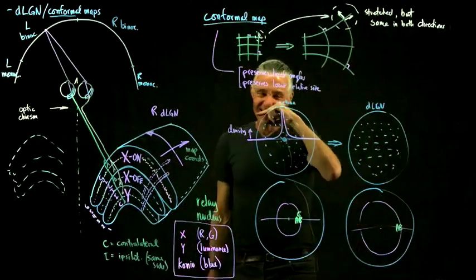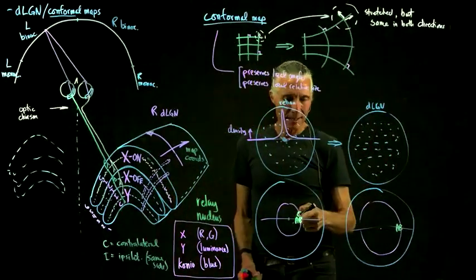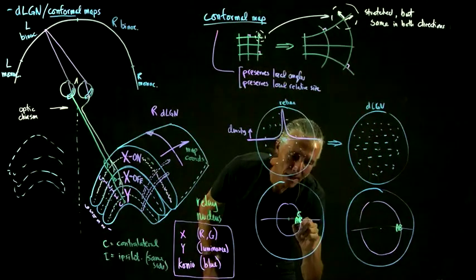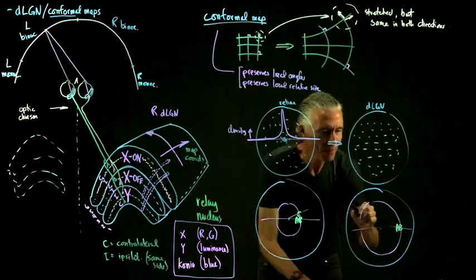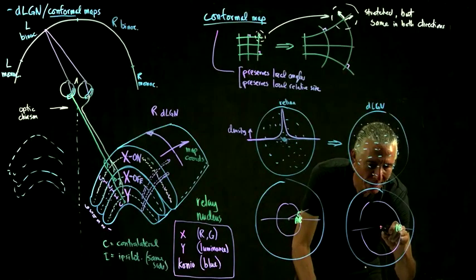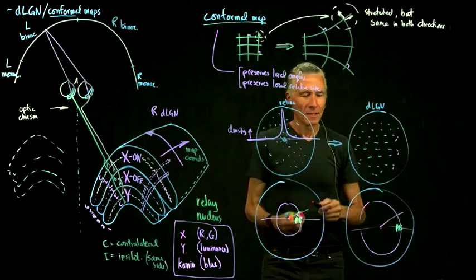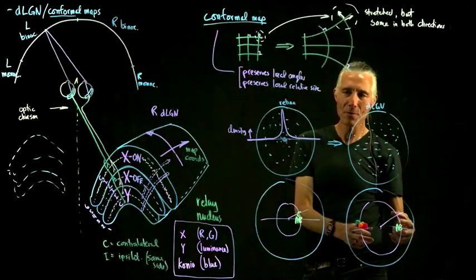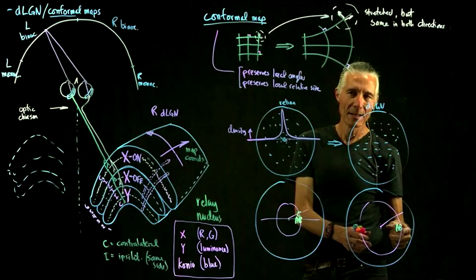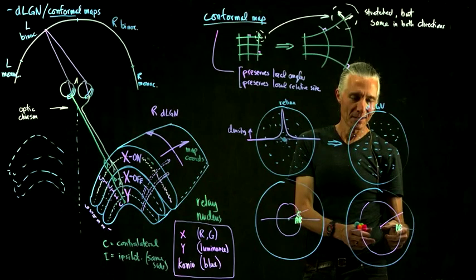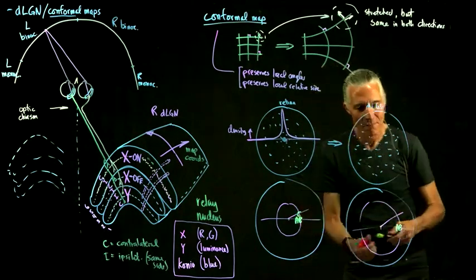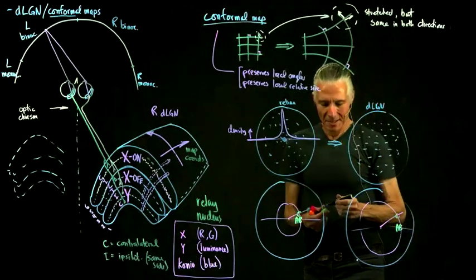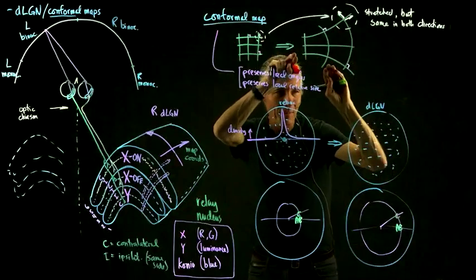But now consider the other axis. Unfortunately, when we look at point C, because we've moved out away from the center, point C is going to have to get further away from point B than point A is. So you can see here that it's not going to be a conformal map.